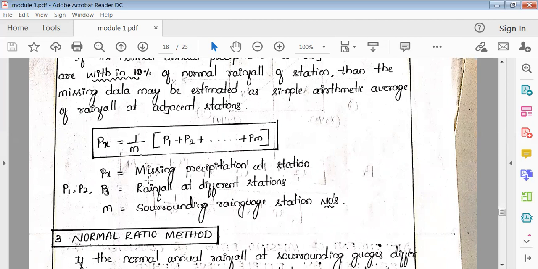Here Px is the missing precipitation at the given station, P1, P2, P3 are the rainfall at different stations, and m is the number of surrounding rain gauge stations.